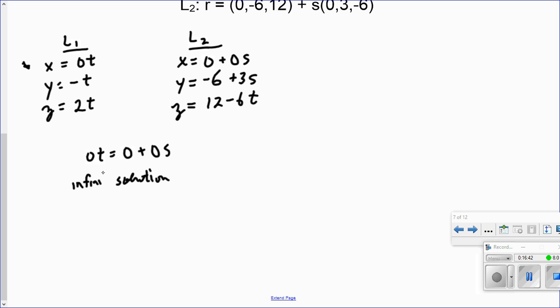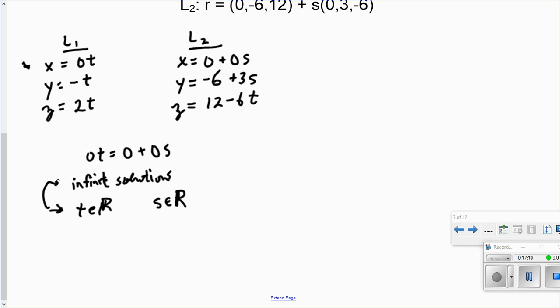I'm going to spend a second to talk about this, because t really can be anything, and s can be anything. With the equation 0t equals 0 plus 0s, if I put any value for t in here, times 0 is going to give me 0. So t can be any value or s can be any value. That leads to an infinite number of solutions.